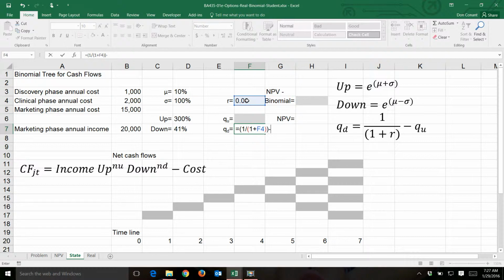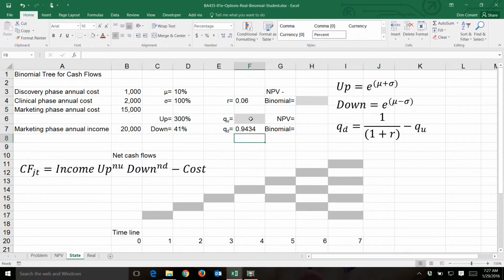Then I will subtract that from the Q up state. So for right now, I'm going to get an answer that is not the final answer. It's an interim answer. I'm not going to know the answer to this model until I complete the entire model and then run solver to solve for these values that I need.